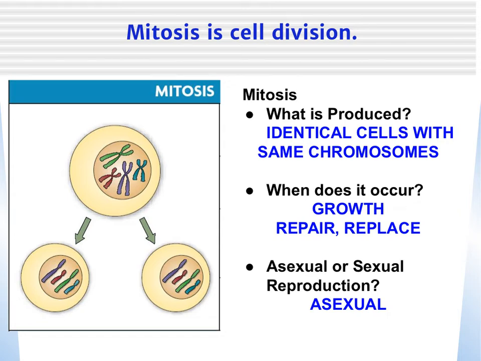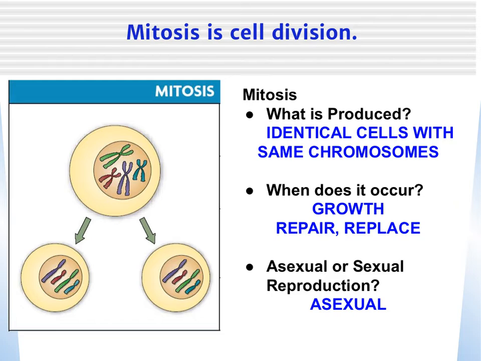Now, the concept of asexual and sexual reproduction relates to what we've been studying. Mitotic cell division is like asexual reproduction. Mitosis is when one cell splits into two cells, and the resulting two cells are absolutely the same. They're identical, with the same chromosomes.